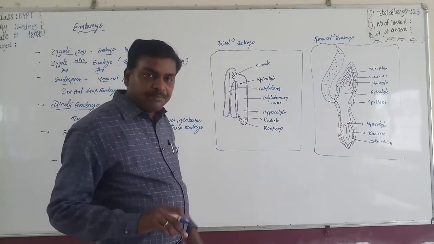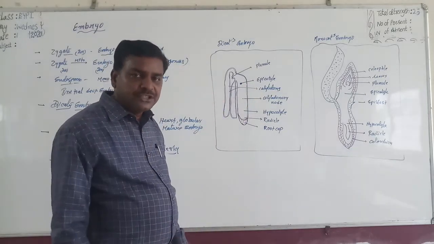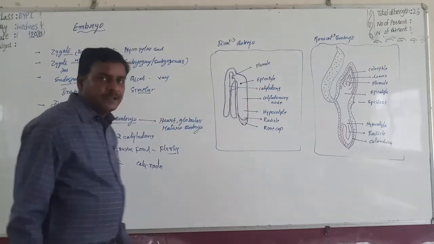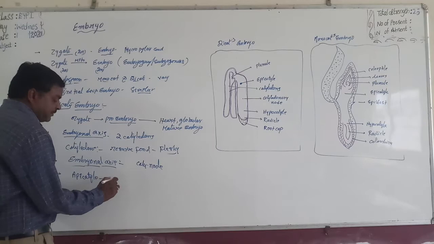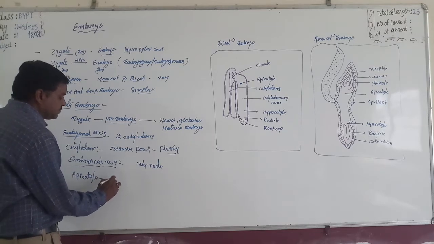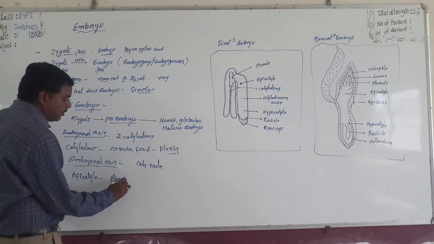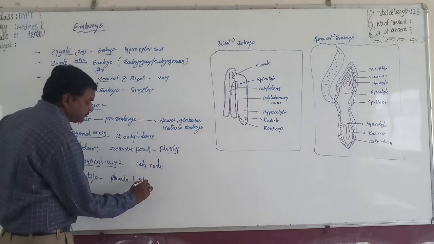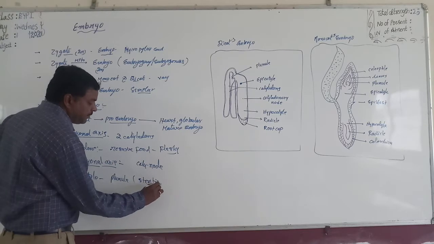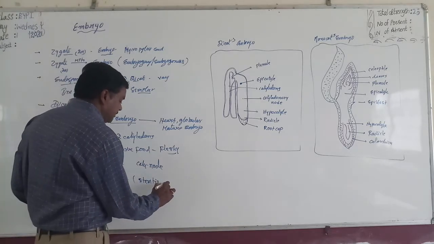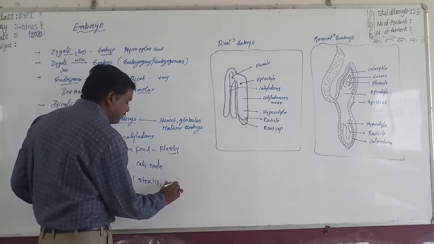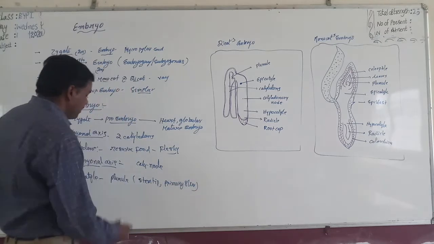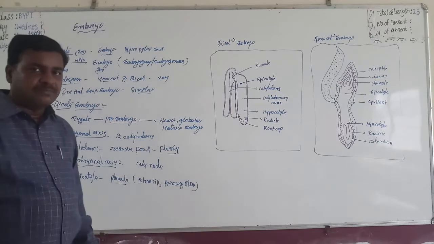This epicotyl terminates into a small plumule. The plumule is nothing but the stem tip, also called the primary stem.